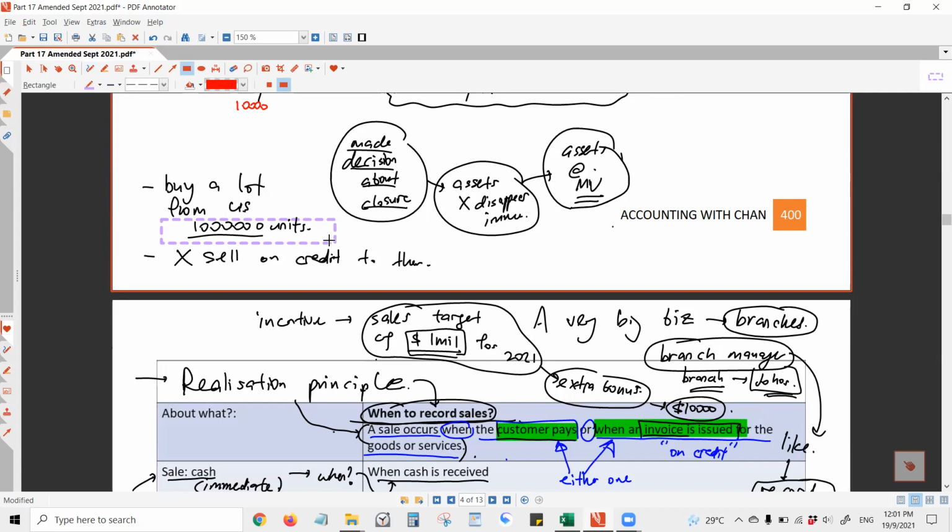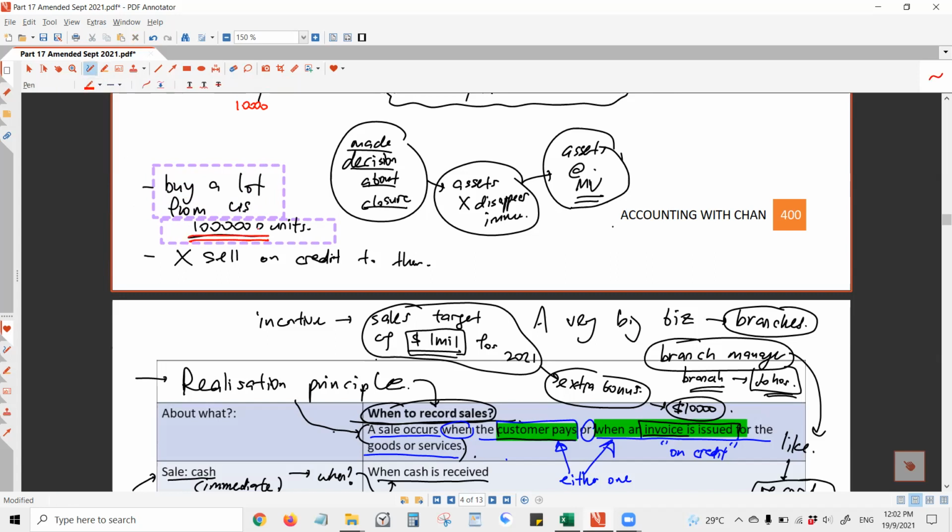That's why you have to accommodate. Of course, customers who pay immediately are good, and we are happy. When you sell goods on credit, there must be some condition for customers to owe us the money. Maybe they want to buy a lot, that's why we allow them to be on credit. They owe us money because it's a lot of units, 1 million units.